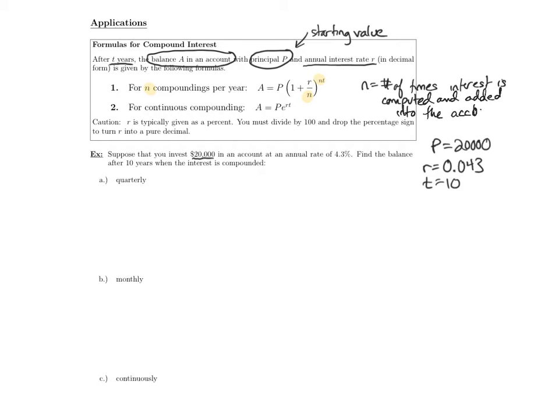And when I give you the information in words, you'll have to find out what n is. So quarterly means that we compute and add it into the account 4 times a year. Monthly means we do it 12 times a year. And continuously is when we switch to the other formula.